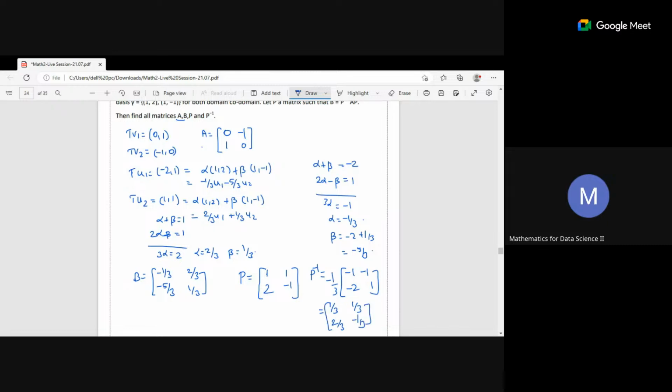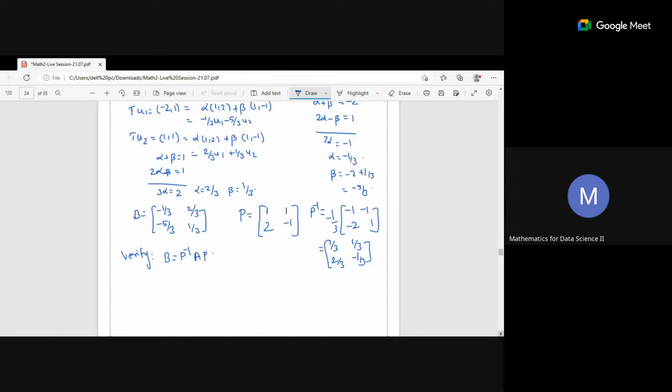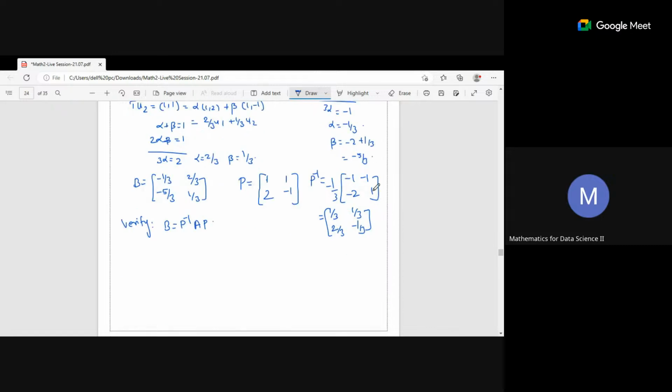Correct? It is up to you to verify that B is equal to P inverse AP. We have found A, B, P and P inverse. So this technique you are all familiar with, right?